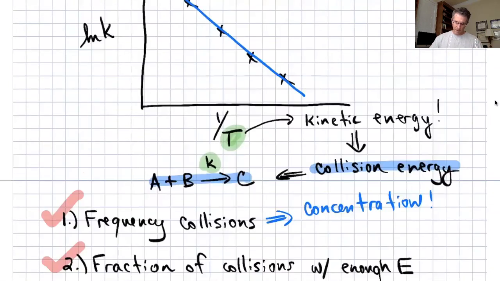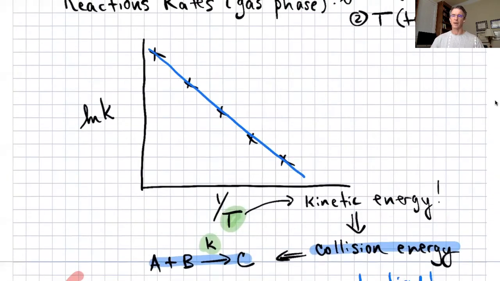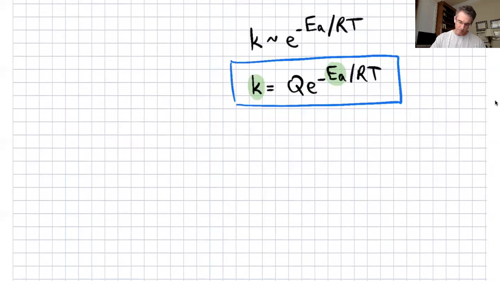And this is great because you do experiments like this, like Arrhenius did, and this works beautifully. I mean, it's totally predictive. It seems really good. The concept here is that we have an energy barrier.